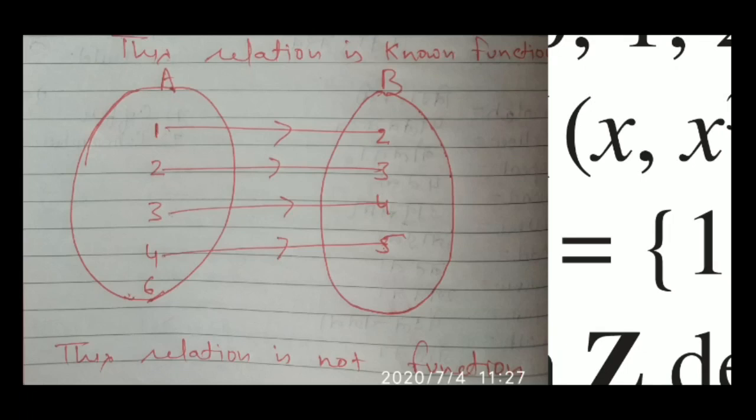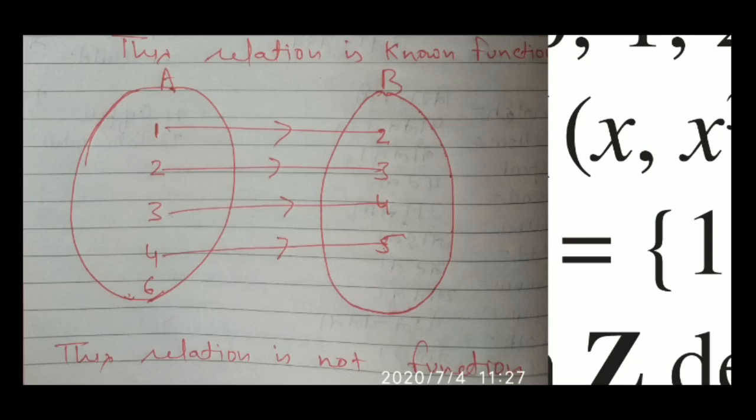Now see the next relation, which is not a function. Here you can see set A has 5 elements, 1, 2, 3, 4 and 5, and set B has 4 elements, 2, 3, 4 and 5.